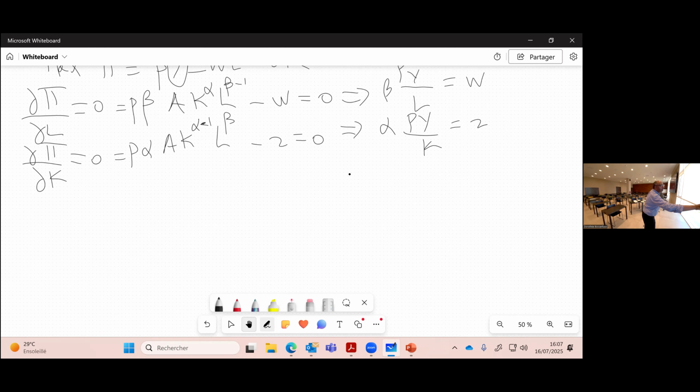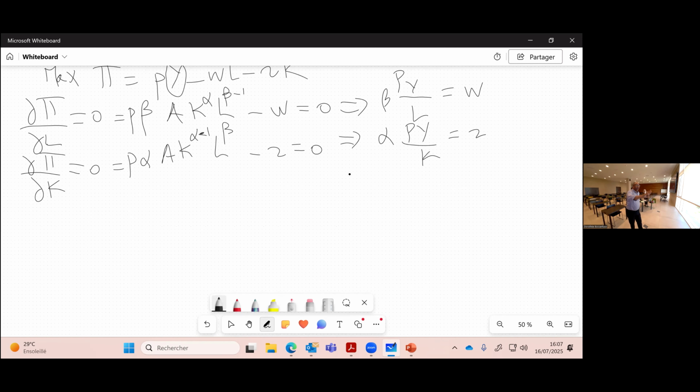Now, we have a lot of information from there. If I take this one as equation 1, and this one as equation 2, we can do many things.